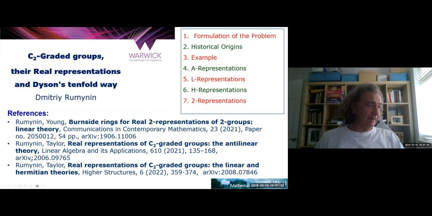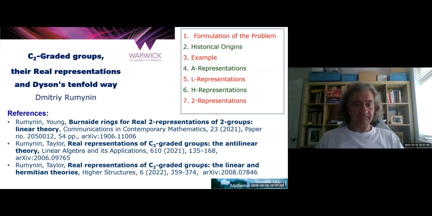It's based on these three papers. The earliest paper is with Matthew Yarn, where we've done it for 2 representations of 2 groups. And then later, I did it with an undergraduate student for the normal representation theory of C2 graded groups.